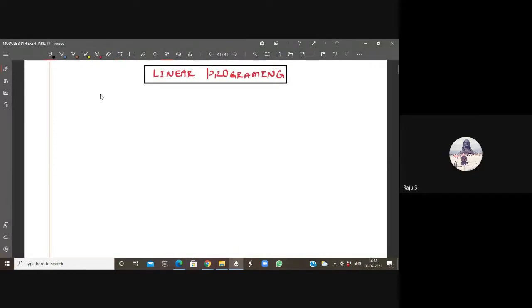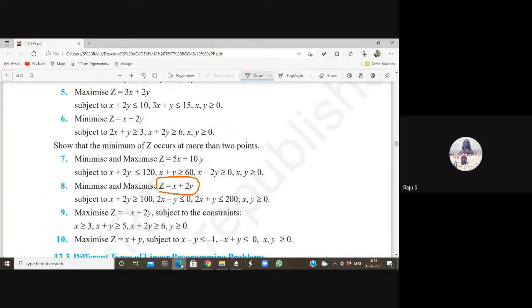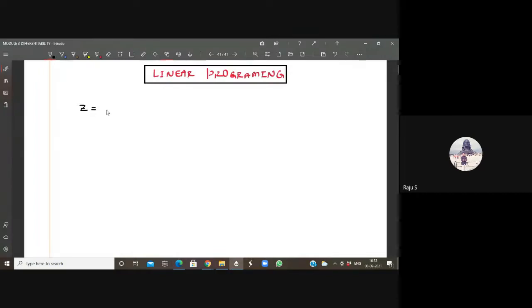First write the given objective function: z is equal to x plus 2y. So what are the constraints they have given, students?